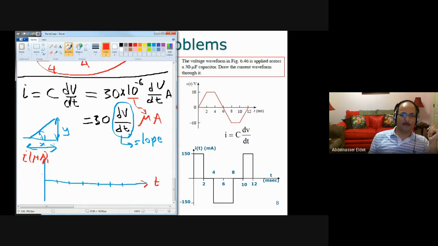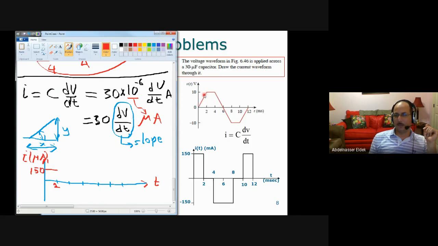So from 0 to 2, it is just 5. The current is 5 times what? Times 30. This is a derivative. You multiply it by 30, it will be 150. So again, dV by dt equal 5.